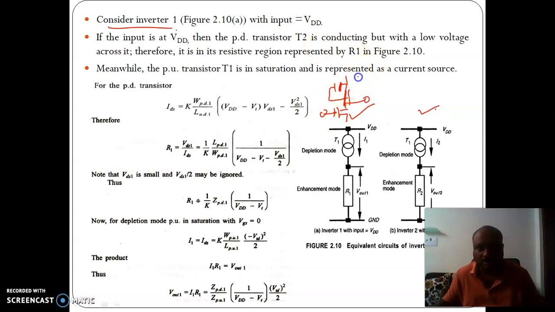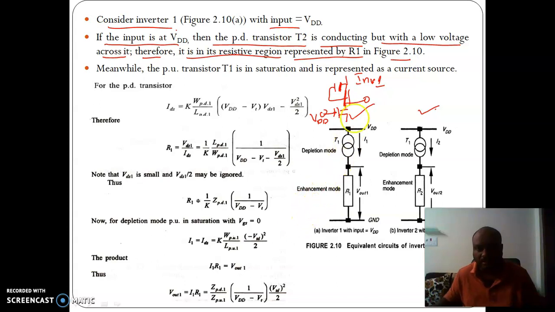Now consider this as inverter 1, with input at VDD. If the input is at VDD, then pull down transistor T2 is conducting but with a low voltage across it. Therefore, it is in the resistive region, represented by R1 in the figure.